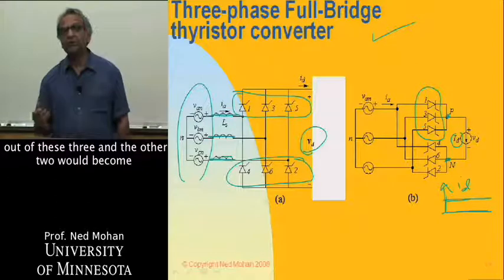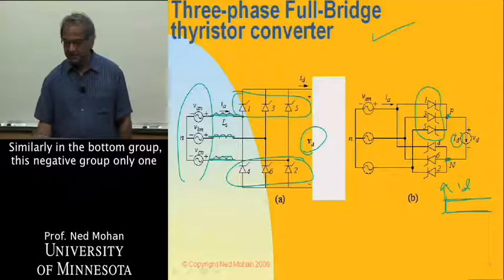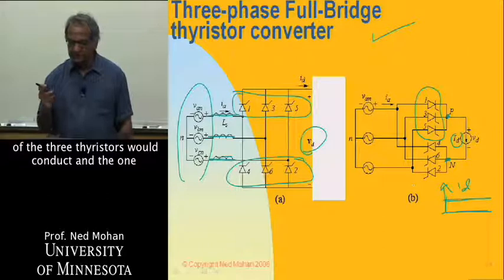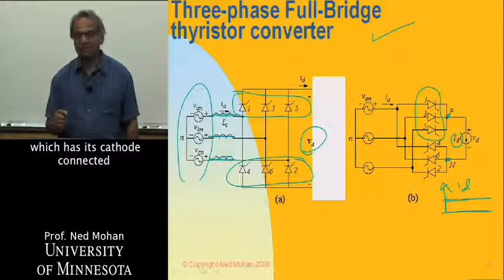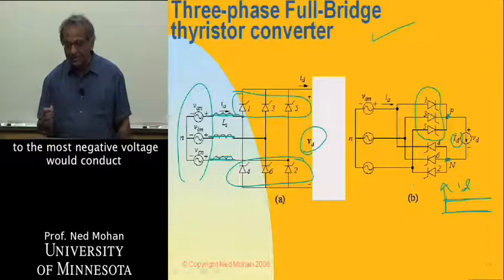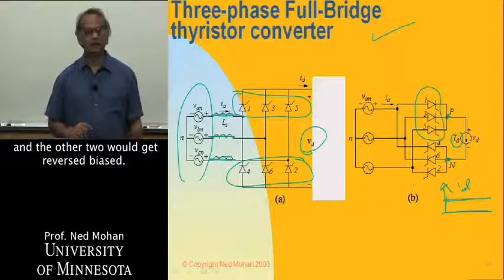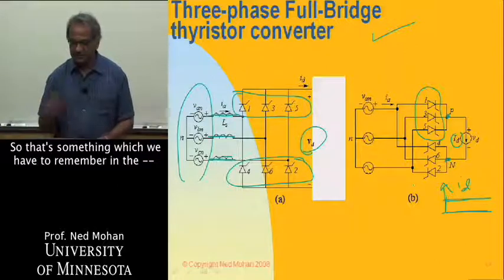And the other 2 would become reverse biased. Similarly, in the bottom group, this negative group, only one of the 3 thyristors would conduct, and the one which has its cathode connected to the most negative voltage would conduct, and the other 2 would get reverse biased. So that's something which we have to remember.